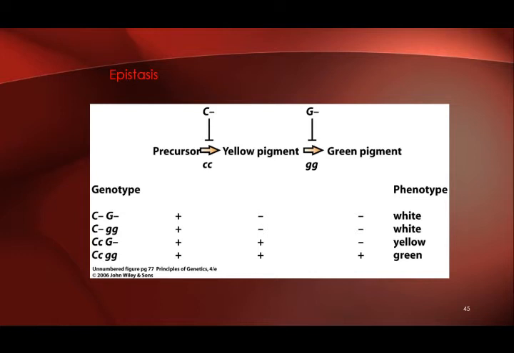If both C and G are turned off or recessive, you won't get any color at all, because yellow is gone, green is gone. So you have small c, small g, you get white. Small c, big G, white. Big C, small g, yellow, because only the yellow one is turned on. You have big C, big G, you get green.